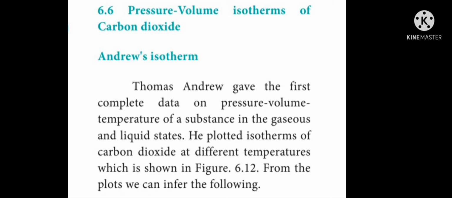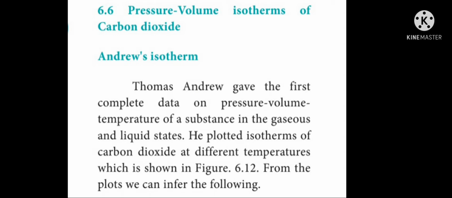Thomas Andrew gave the first complete data on pressure, volume, temperature of a substance in the gaseous and liquid states. He plotted isotherms of carbon dioxide at different temperatures, which is shown in the graph.